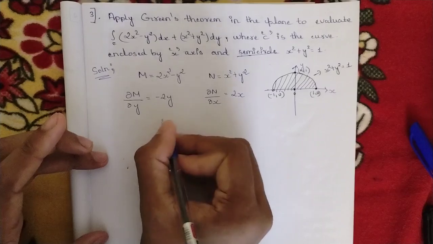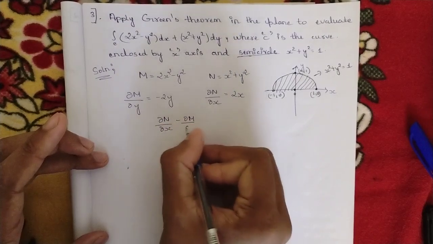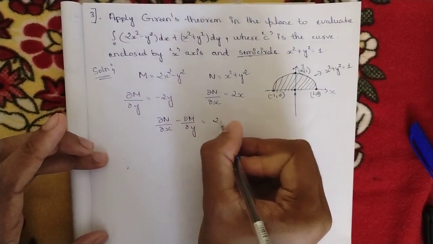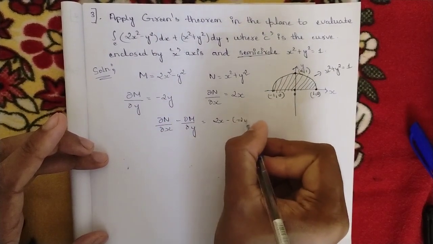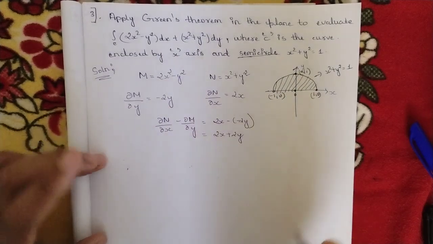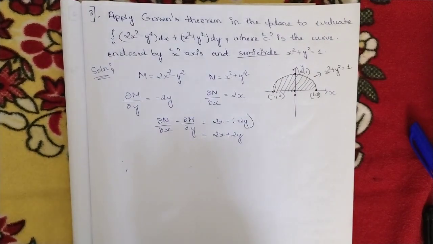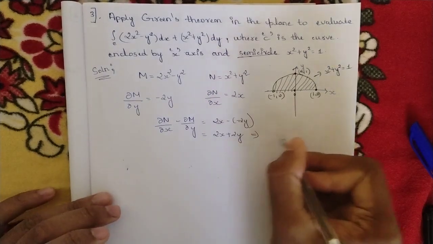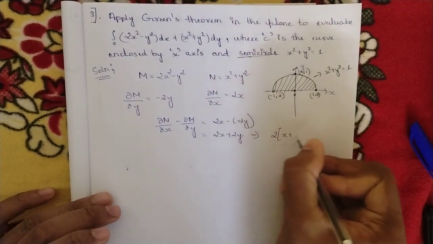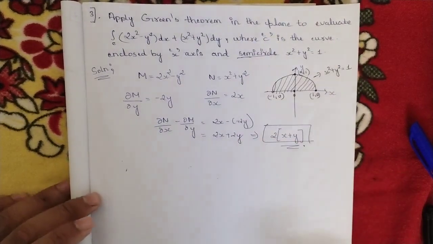Okay, so dou n by dou x minus dou m by dou y is equal to 2x minus of minus 2y, that is 2x plus 2y. Okay, or we can take common term 2 outside and we would be left with 2 into x plus y.